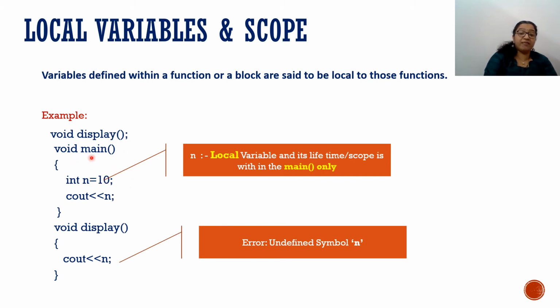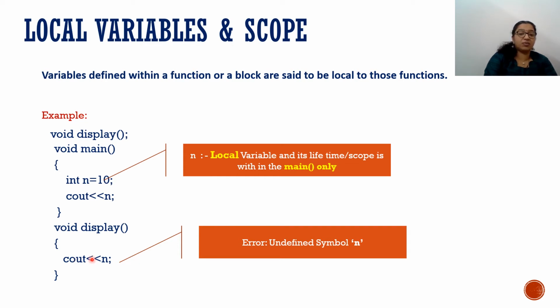When you declare a variable within a function or a block, it is said to be local to that function. So here we declared n inside the main function, so the scope is only within the main. Only main can access that n value. This n is not accessible outside the function.